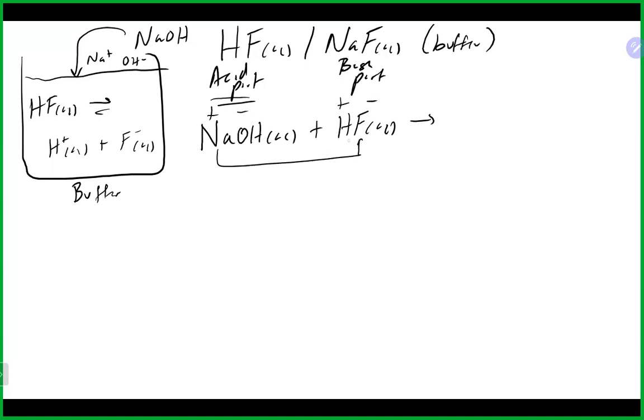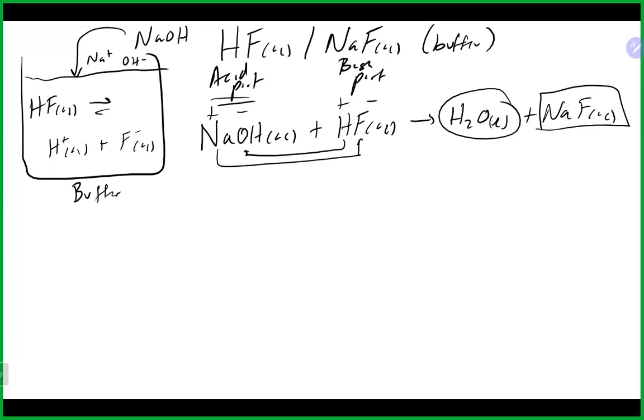So again, going to switch partners. That's going to make some water, and that will make some sodium fluoride in this case. Once again, what we made is some water, which is basically neutral. It's not going to affect the pH. We also, like we saw when we added the acid, here when we add the base, we actually make more of the base part of the buffer, which was there to begin with, so it's not going to screw up the pH.